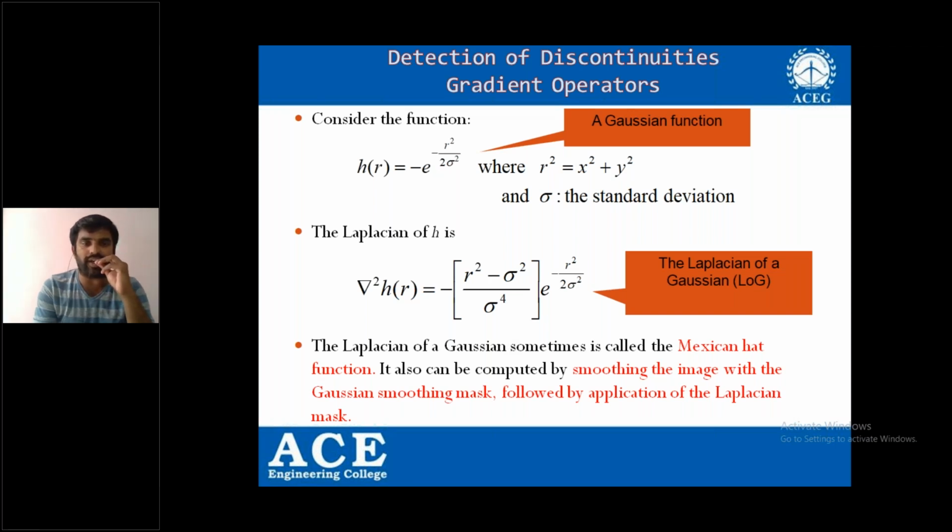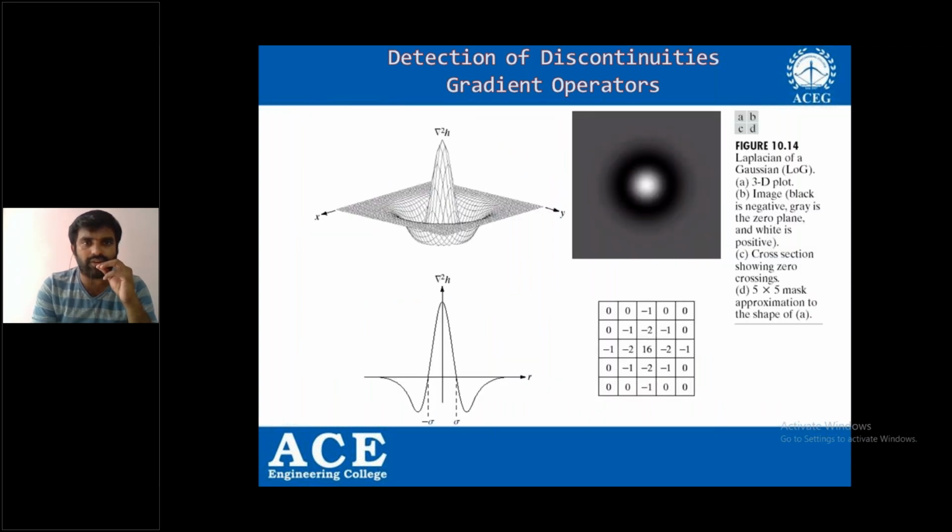Instead of using the direct del square h of r, first you can use the smoothing filter, that is, apply the low pass filter and then apply the Laplacian mask. This is the del square h representation in pictorial manner, right?